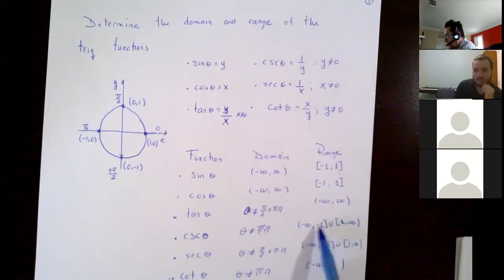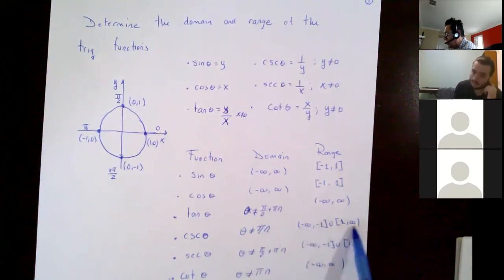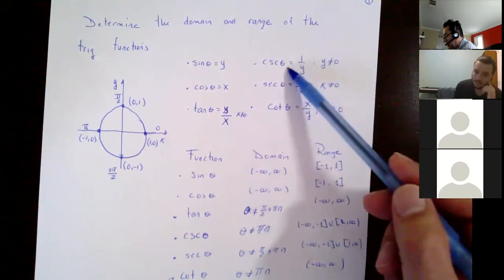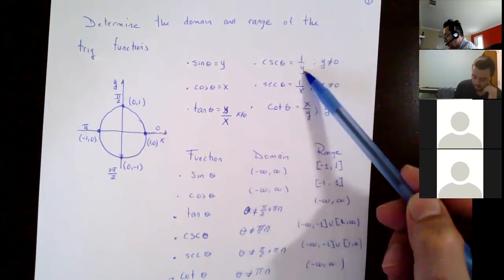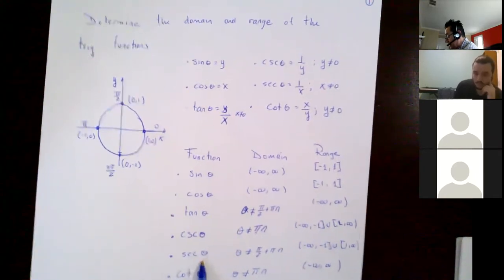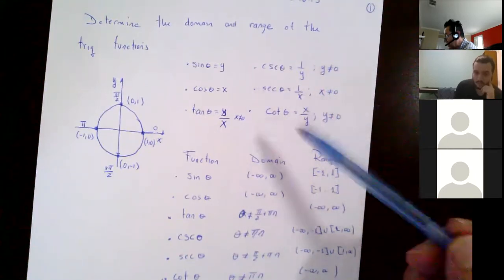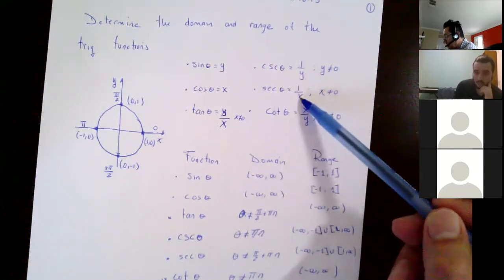It might be a little hard to visualize right now, but in the next section we're going to be able to graph cosecant, and we'll see why the range is in this form. One of the reasons is that the cosecant is the reciprocal of the sine. Now let's continue with the secant, which is the reciprocal of the cosine.